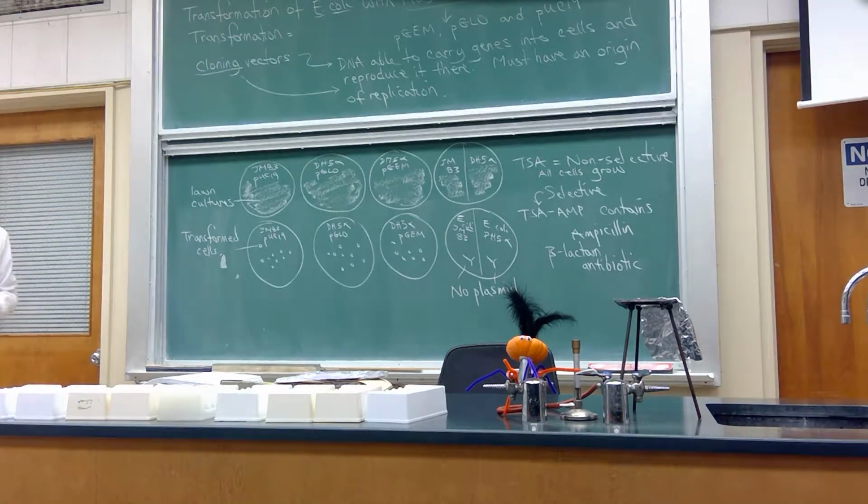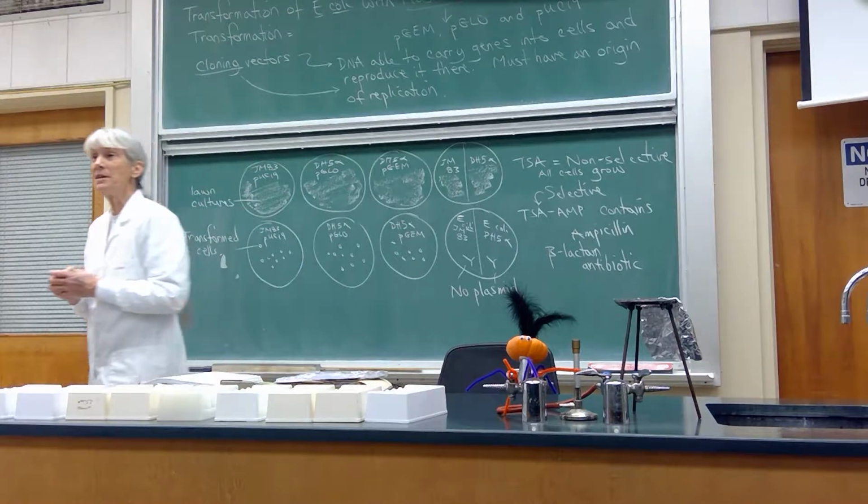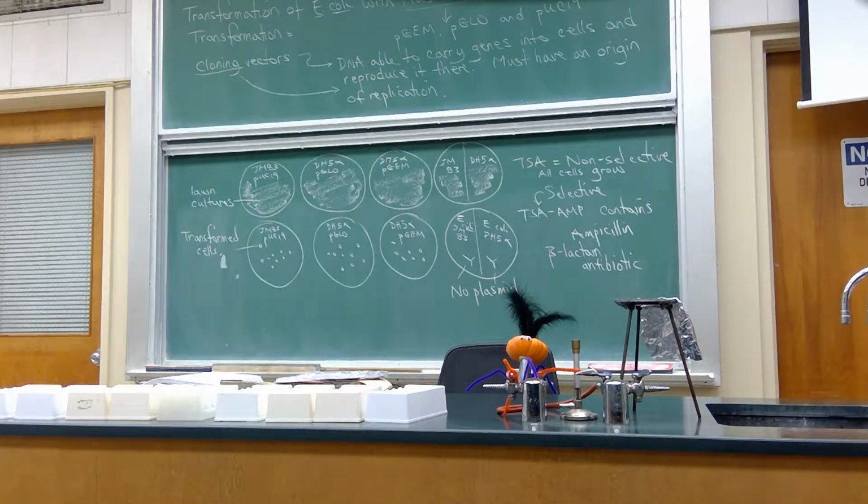Now, why do you suppose we have isolated colonies on those plates instead of lawns? It's because the medium is selective. Did all the cells pick up DNA? Did anybody read about what's the efficiency of transformation?